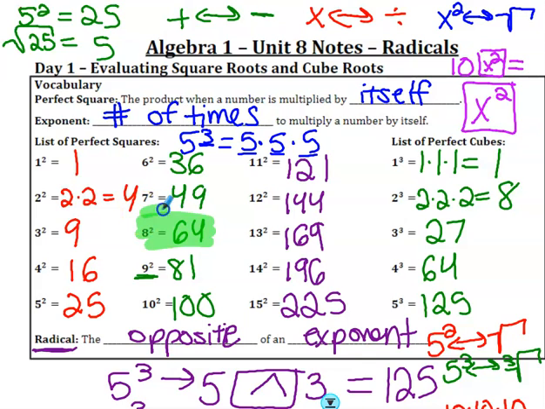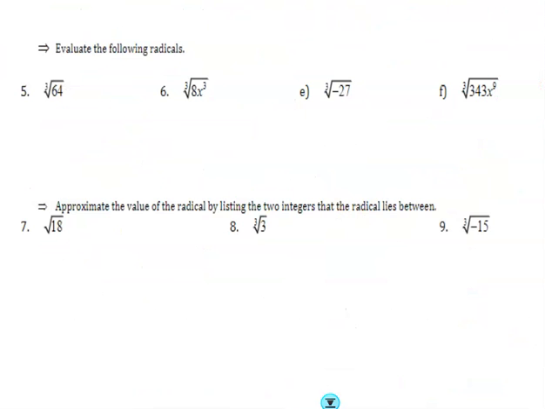Actually, 64 is 8 squared, but I'm not looking for squareds. I'm looking for cubes. So 4 to the 3rd is 64. So what does that mean? Well, the cube root of 64 is 4, because 4 times 4 times 4 is 64. So that's why it's the opposite.